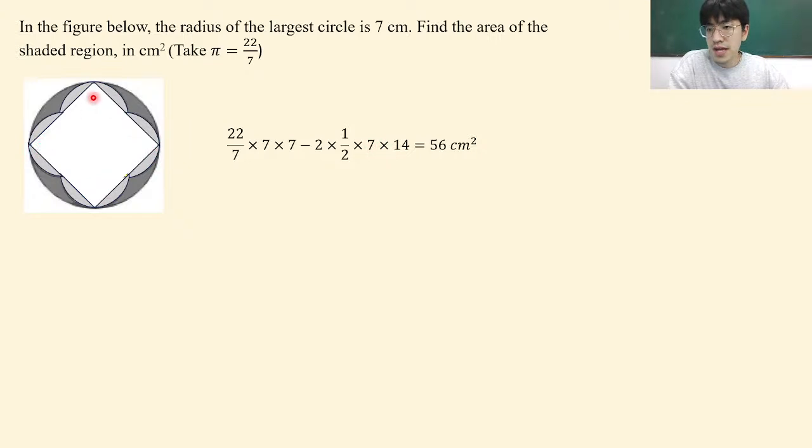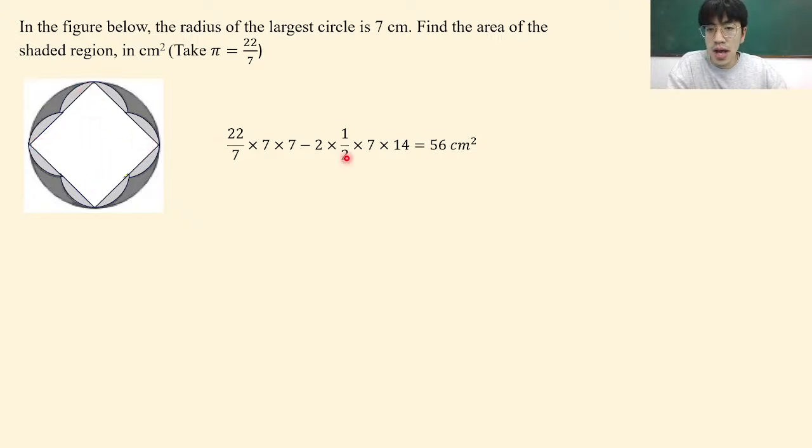Now, how am I going to find the area of this square? Well, we see that this is the diameter of this circle, which is 14. And then this is the radius of this circle, which is 7. So we can take base times height divided by 2 to find the area of this triangle.